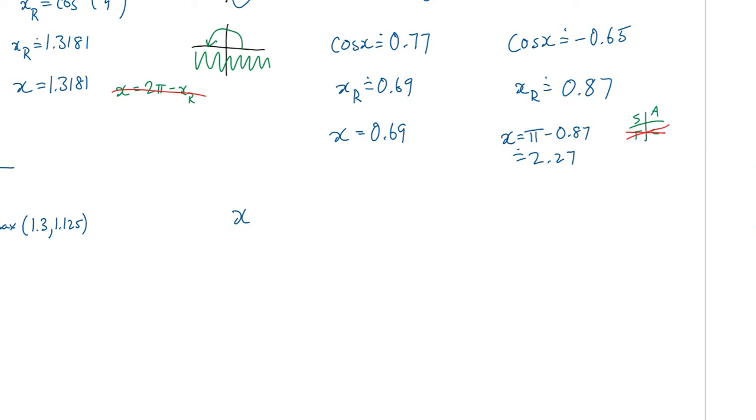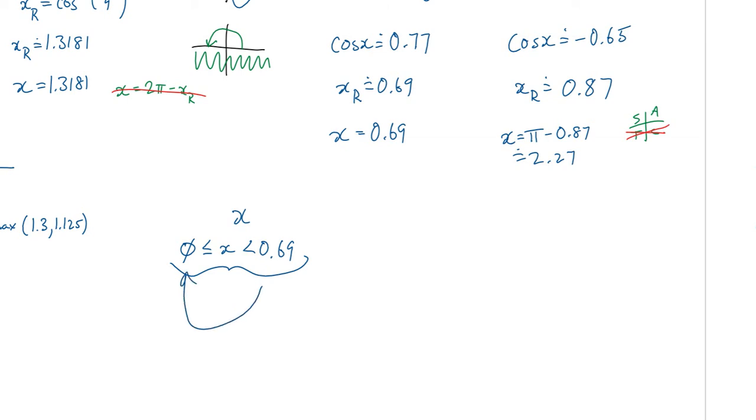So what I'm going to do is start at the beginning of the interval, 0 less than or equal to x, less than 0.69. And I can be confident that there are no other possible points of inflection in this interval because they would have come out when I did this solving. So I can go from the first one all the way to the end of the interval.